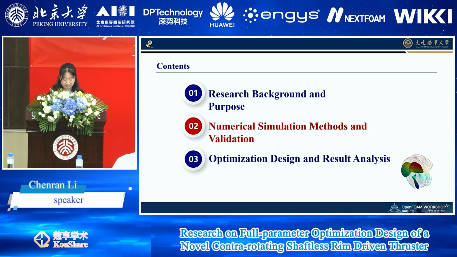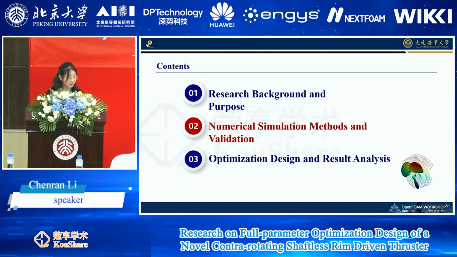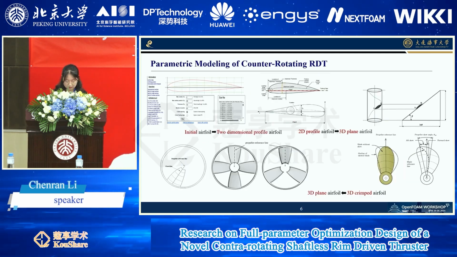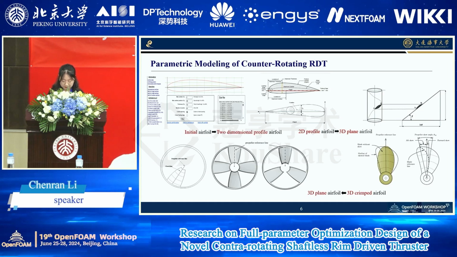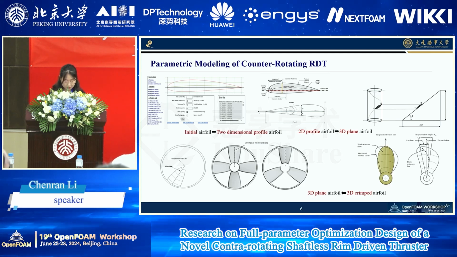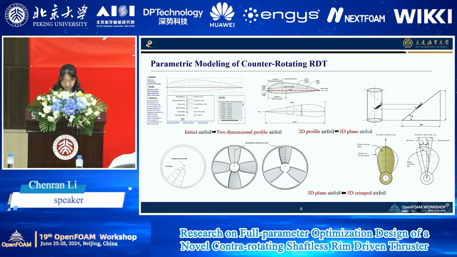Next, let's take a look at the numerical simulation methods and the numerical validation. The counter-rotating RDT is a 3D solid formed by stretching and rotating the airfoil profile in space. Typically, the radial distribution of parameters at various profiles represents the entire counter-rotating RDT.